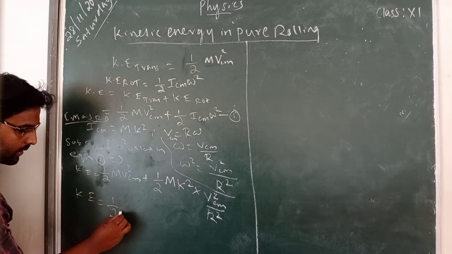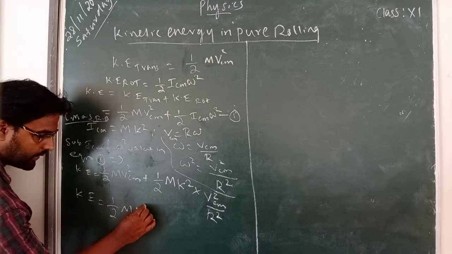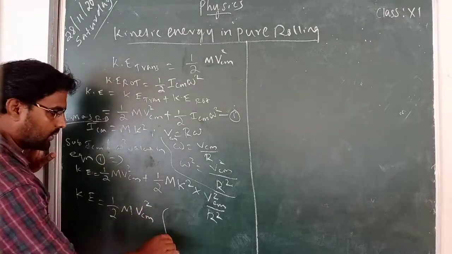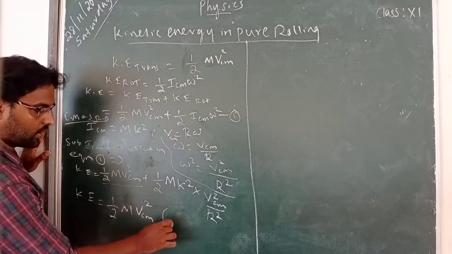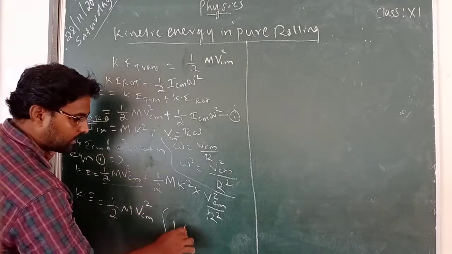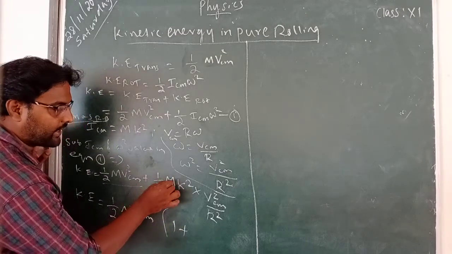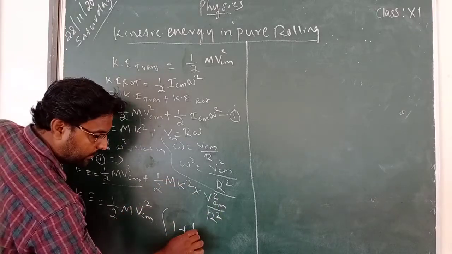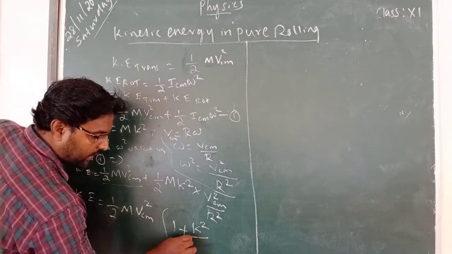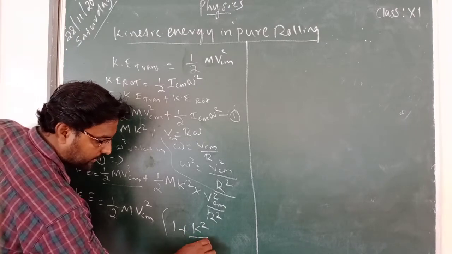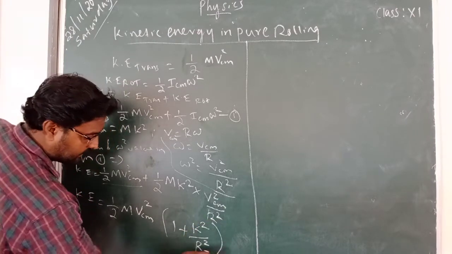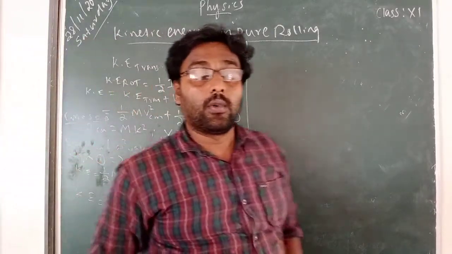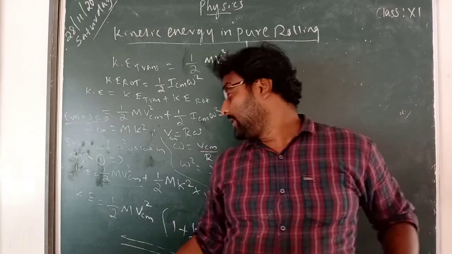Half common, m common, v square common. So remaining here, only 1. Plus here, what is remaining? Half taken, m taken, v square taken. Remaining is k square by r square. This is the equation we got. This is a kinetic energy equation.